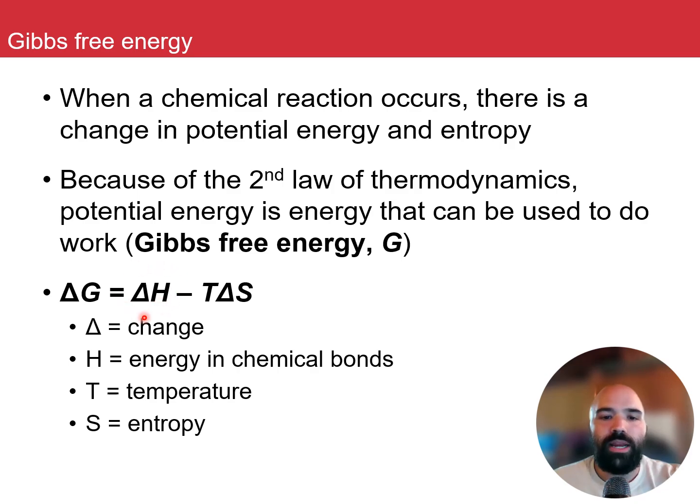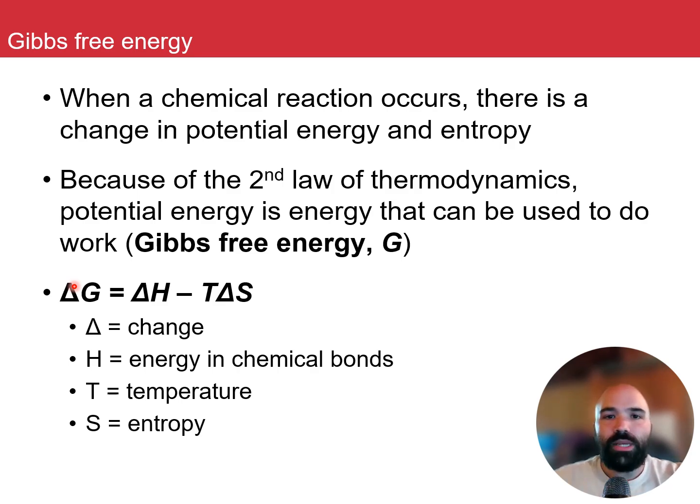So if we consider the products of a chemical reaction, and we see that the change from the reactants to the products made more energy in chemical bonds, in other words, this number is positive and this is a high number, and this change in entropy is a low number, then we'll have a positive change in free energy.